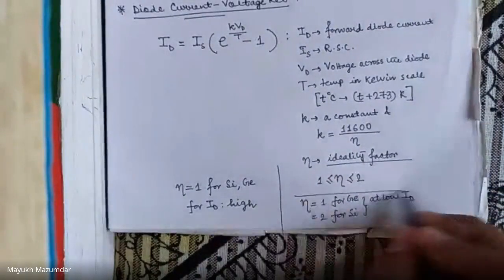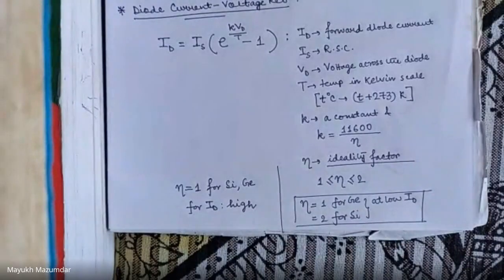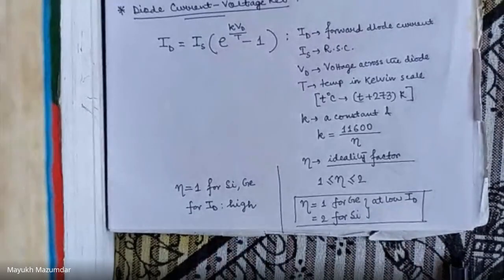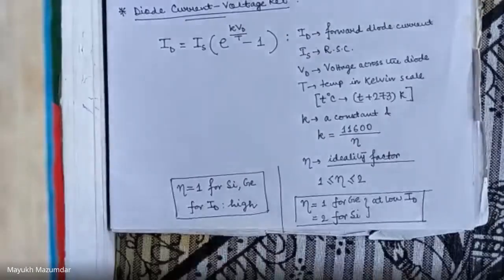So if nothing is stated, you would be using the ideality factor as 1 if it is germanium, and 2 if it is silicon, when the diode current is low. For high diode current, you have to use 1 irrespective of the type of semiconductor used. Clear, everyone?